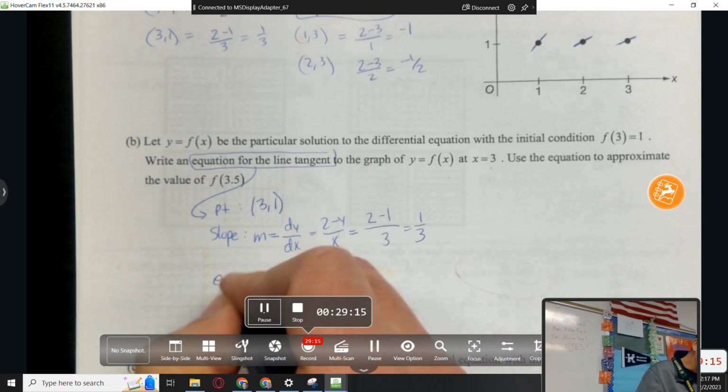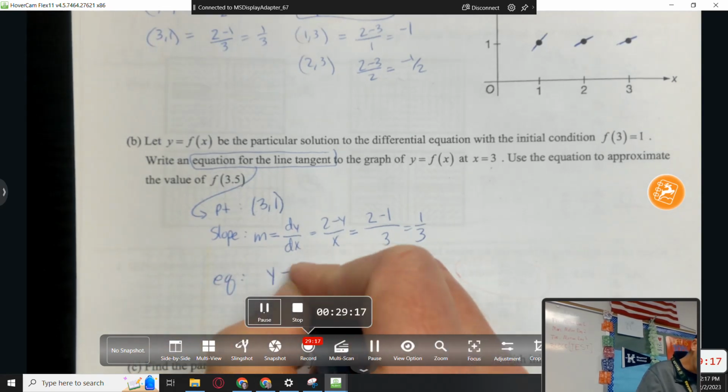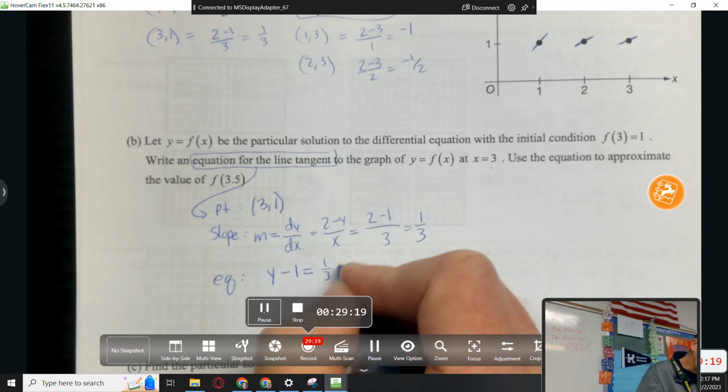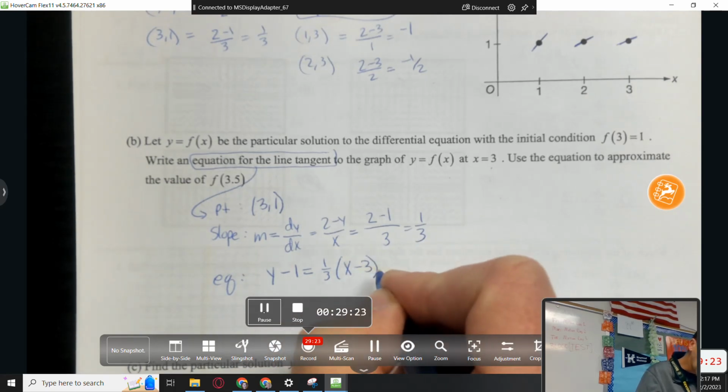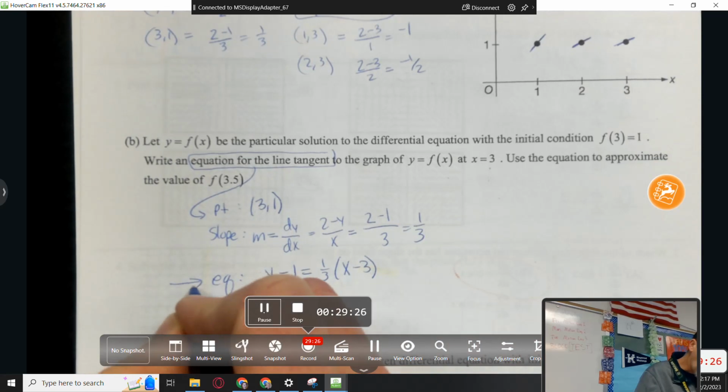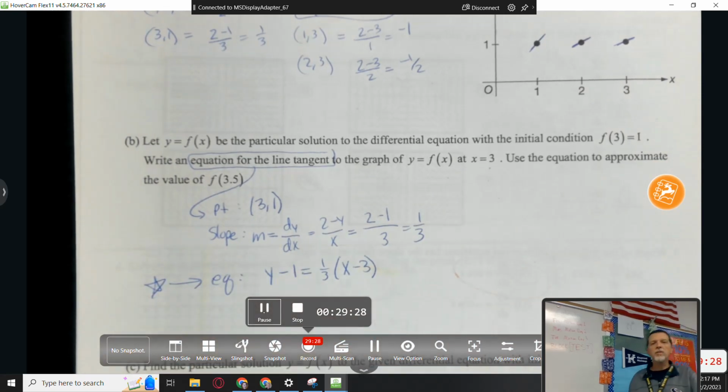So my equation is y minus 1 equals 1/3 times x minus 3. So there's part of my answer, the first question that it asked.